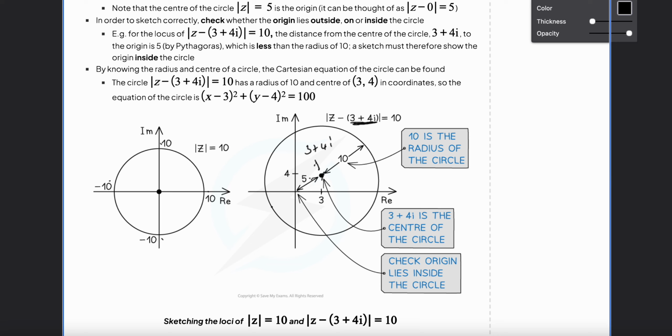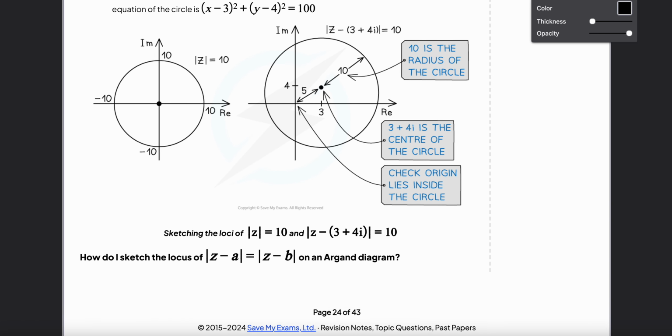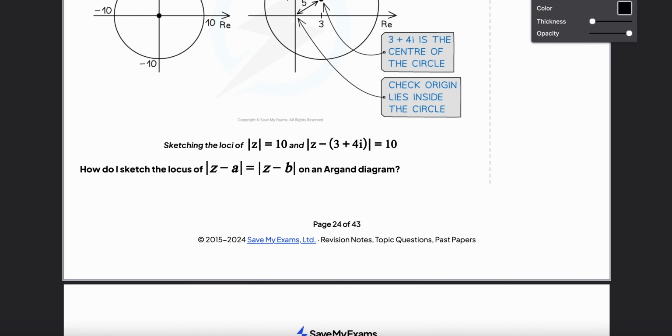If the 5 is below the radius, then the origin is within the circle. If the 5 is greater than the radius, it means the origin is outside of the circle. This is important when we are plotting our circles. I think we'll meet another example whereby you will have a better appreciation of this concept. All right, let's move on.